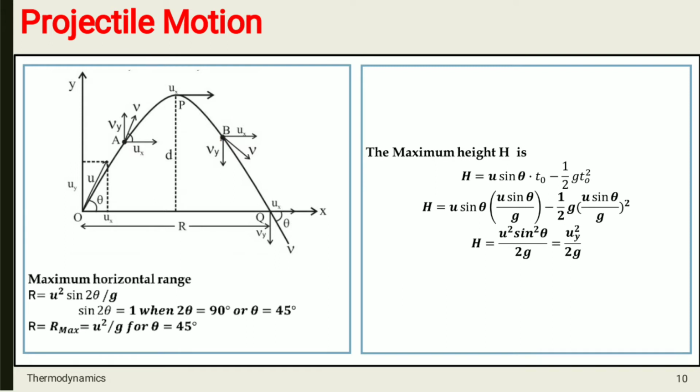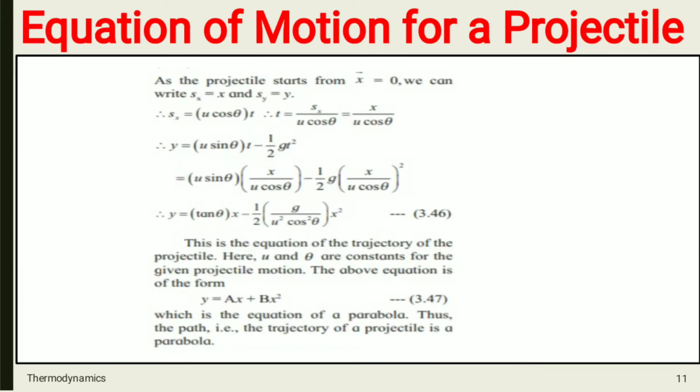Now in projectile motion one part is remaining, which is the equation of motion for a projectile.